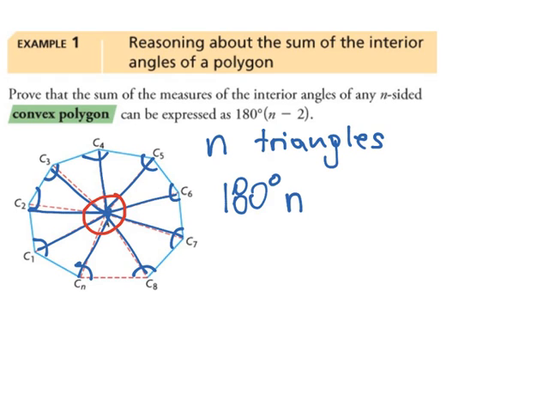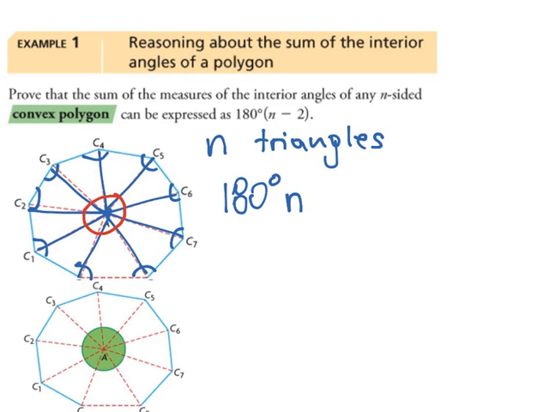So this 180 degrees times n includes not only the interior angles, which is the blue, but also the central angle, which is, in this case, circled red. But you see, we're not really interested in the red angle. We're really interested in the interior angles, just the blue.